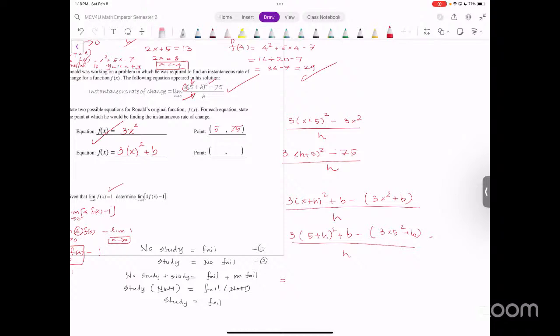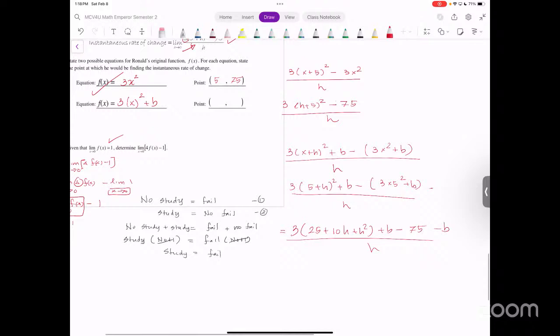So let's simplify this. 3 times 5 squared is 25 plus 10h plus h squared plus b minus 3 times 5 squared is going to be 75 minus b over h. So this is going to be going back to 75 plus 10h minus 75 over h.